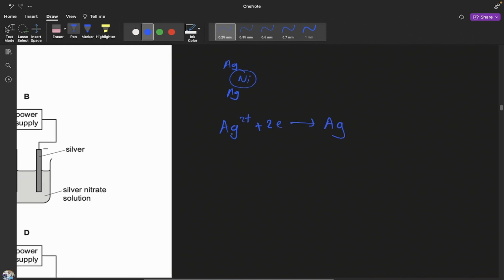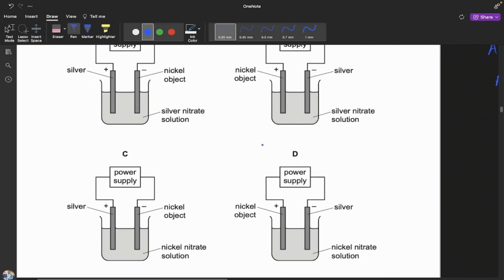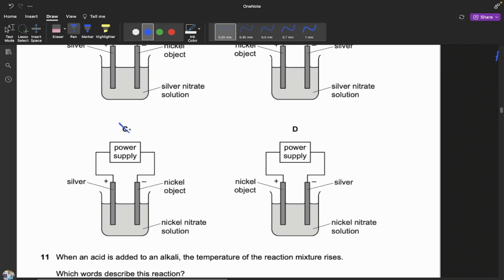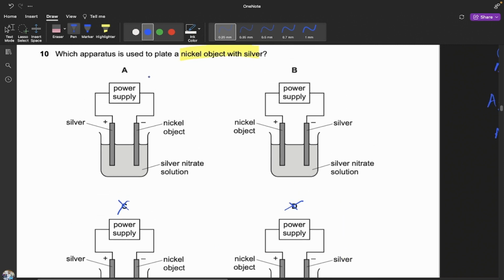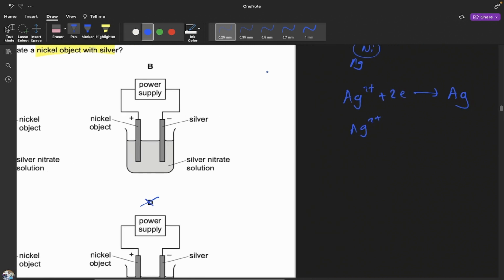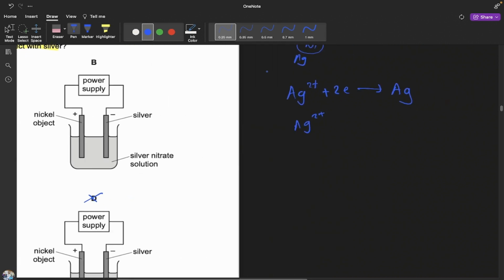Okay. As Ag wants to undergo a reaction like this, the solution should contain Ag+ in the electrolyte. So you can eliminate by considering that. C and D are obviously wrong, because the electrolytes are nickel nitrate. Obviously the answer should be A or B. And here Ag is Ag+.